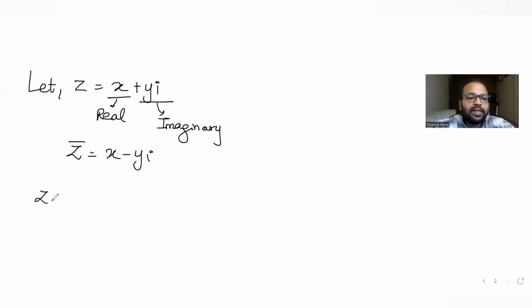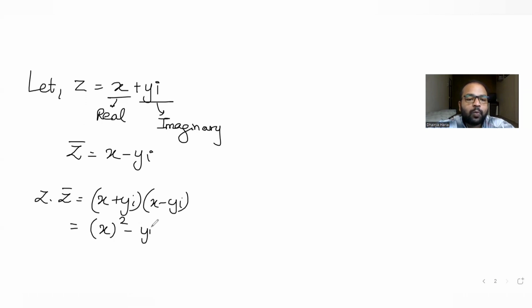If I multiply Z and Z bar, I get x plus yi times x minus yi. It is of the form (a plus b) into (a minus b), which gives a square minus b square. So x square minus (yi) square. This makes it x square plus y square, because i square is minus 1, so minus into minus makes it plus.